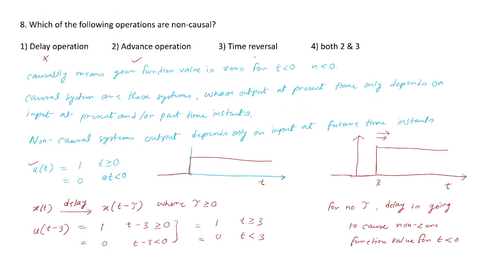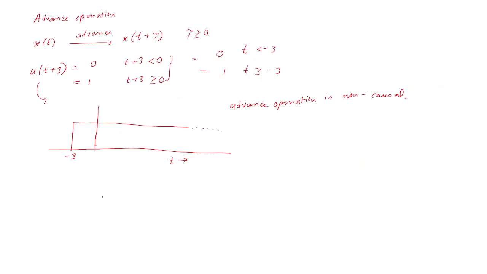But we need to check time reversal also. So let us move to time reversal in the case of u(t) itself. Time reversal basically means u of minus t. Now from the definition, it is 1 when minus t is greater than or equal to 0.